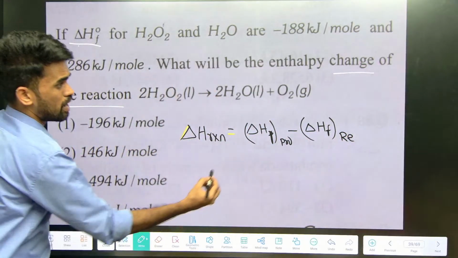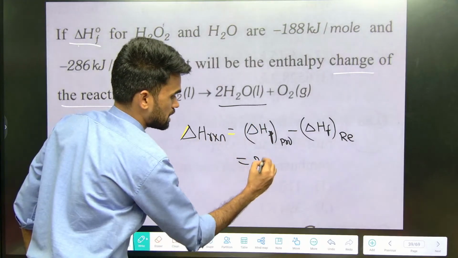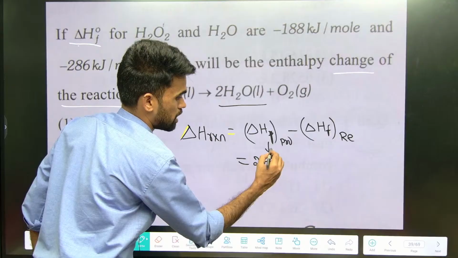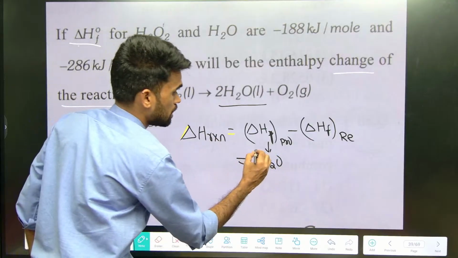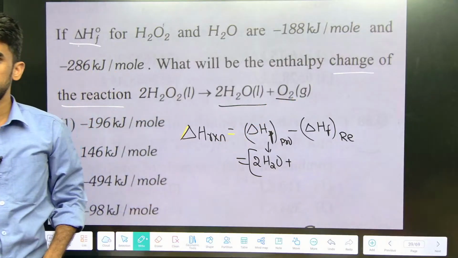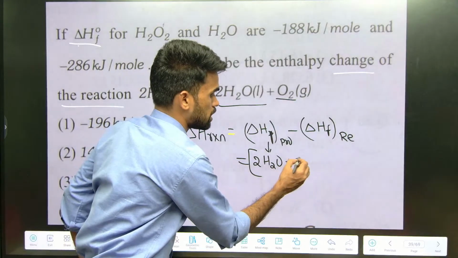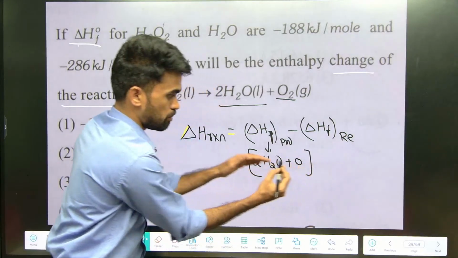Now what is the product forming here? You just write it as 2H2O. Anyway it is formation only, for your clarity I am writing. Now what is the standard enthalpy of O2? Gaseous state means it will be 0, so no need to bother about that. This is products over.